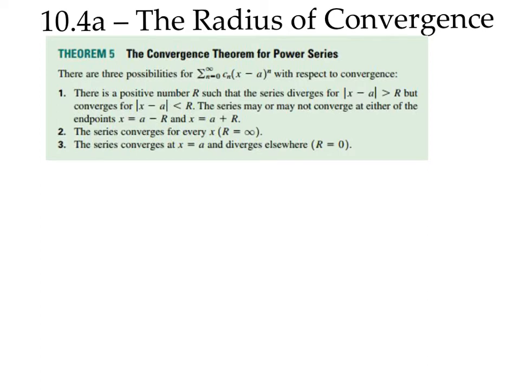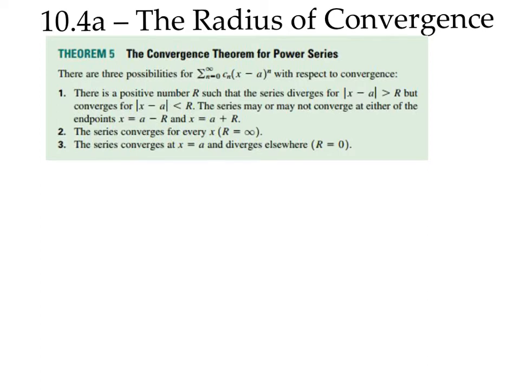First, there's a positive number r such that the series diverges when x is more than r units from a, that is, the absolute value of x minus a is more than r, but converges when you're less than r units from a. It's kind of like within a little radius. We converge within r on either side of a and diverge outside of that. Or we converge for all real numbers, or we only converge at a and diverge everywhere else.